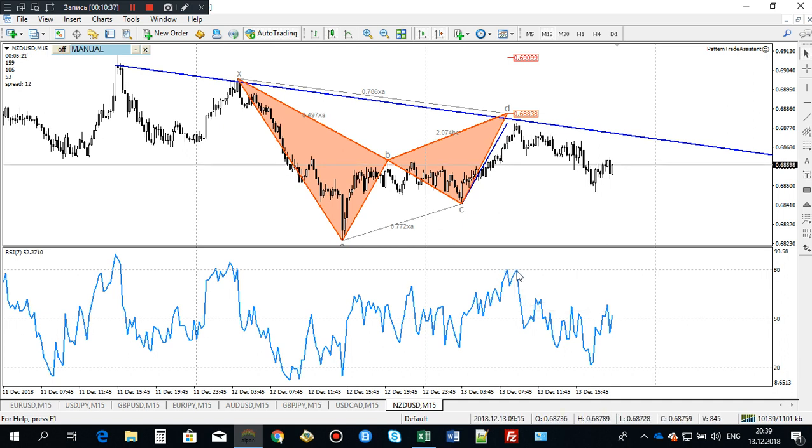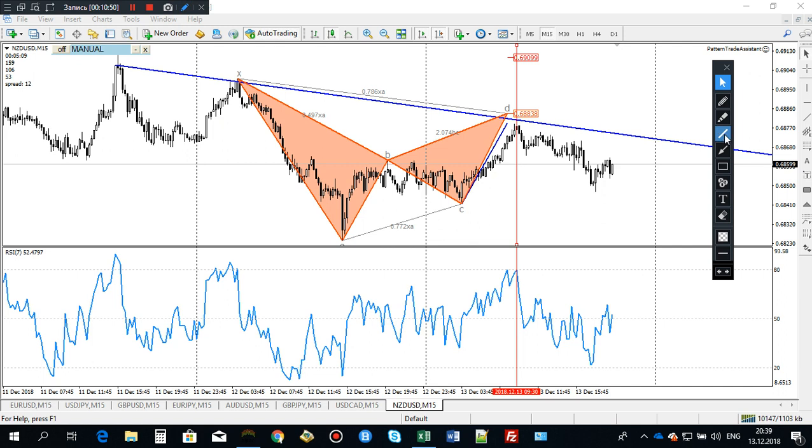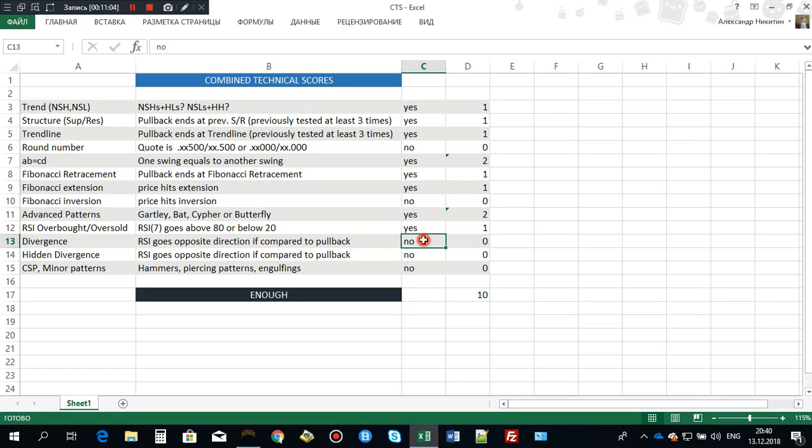You see these two highs, and these two highs that coincide with the RSI, high number 1 and high number 2. Basically what we have here is this high is moving to the upside and this high is moving horizontally, let's say not to the downside but horizontally. So this is what is called a divergence. So we will answer this question yes.